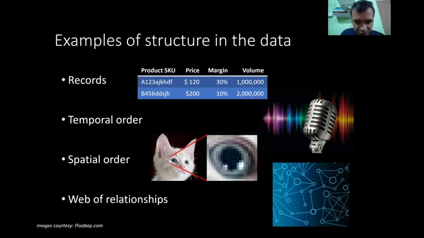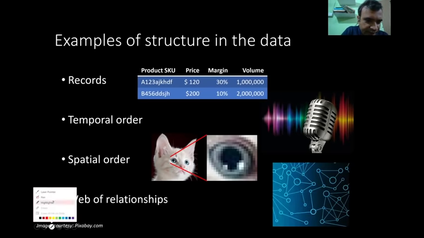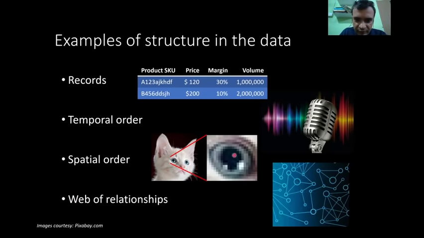Or you can have a spatial order. If you look at images, for example, these images are made up of pixels. When I blow up the eye of this cat, the center of the eye is dark, but you can see that there are pixels above a pixel, below a pixel, left side and right side, and based on that you can find that there are pixels that are dark and they form the boundary of the eye.